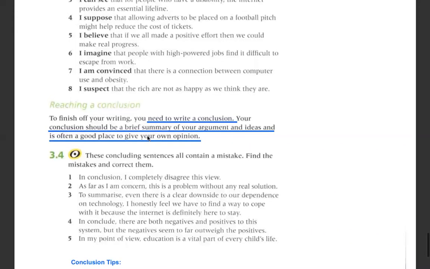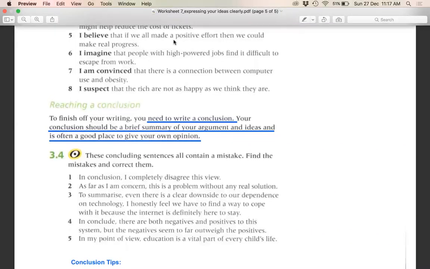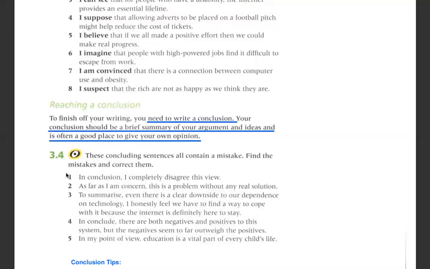All right, so here we have 5 conclusion sentences. All of them contain a mistake. So we're going to find it and correct the mistake. We're going to go through them together. So first, number 1, please just type the correction in the chat box.